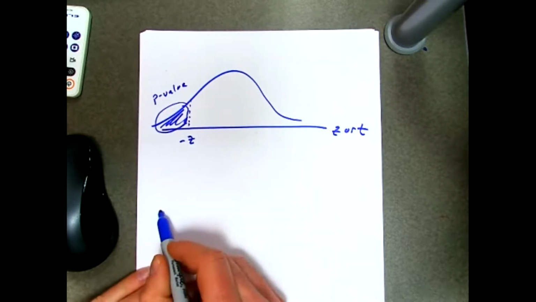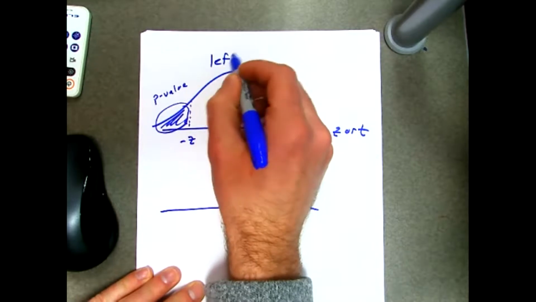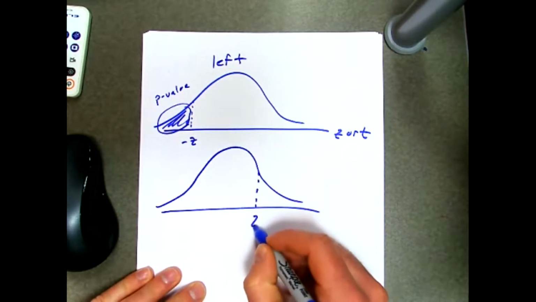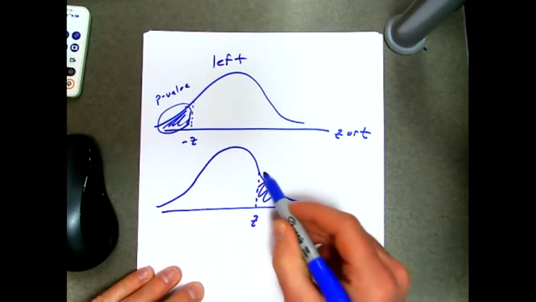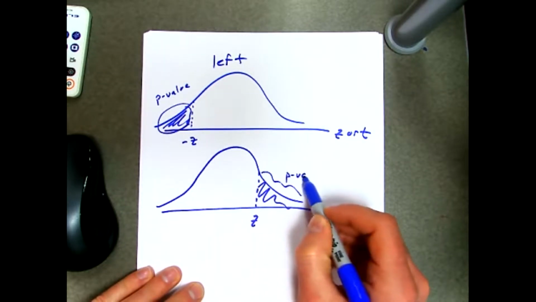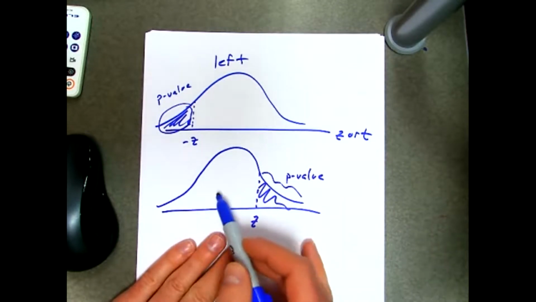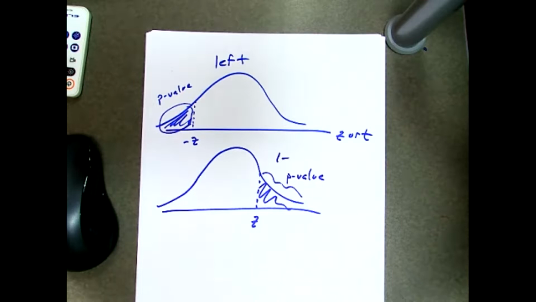For a right-tailed test, once we found our z-value, our p-value is actually the area to the right. So if I'm using that standard normal table, it always gives me the area to the left. For a right-tailed test, I'm going to have to subtract that from 1 because I'm looking for the area in that right tail.